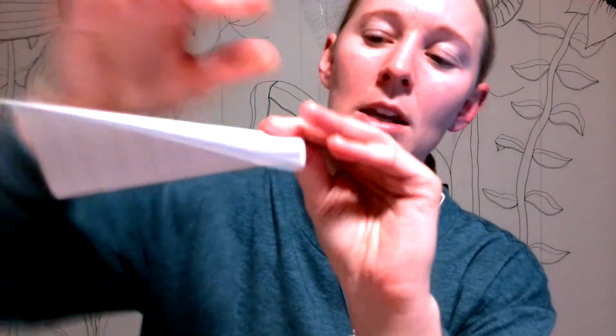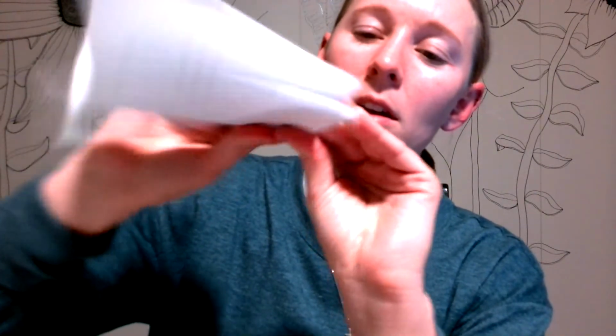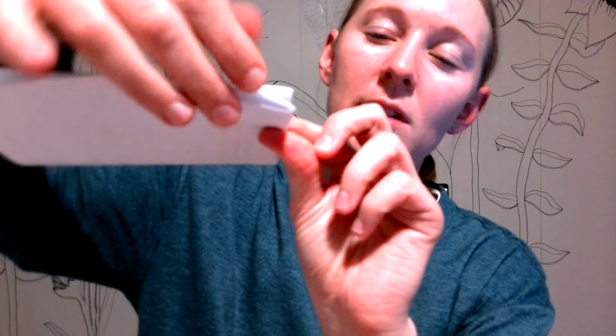If I fold it in half again, now I've got my 2 millimeters and 2 millimeters, so I've got 4. Okay, if I fold it in half again, I've got my 4 and 4, so 8. If I fold it in half again, now I've got 8 and 8 is 16.